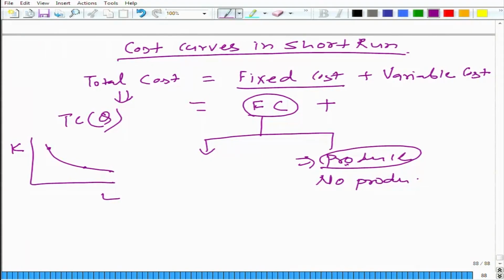For example, let us say the government has a regulation that if you produce, you will have to get your cost audited. The cost of the audit is, let us say, independent of your output. If you hire an auditor, you have to pay, and it does not matter whether you produce 5 units or 10 units.